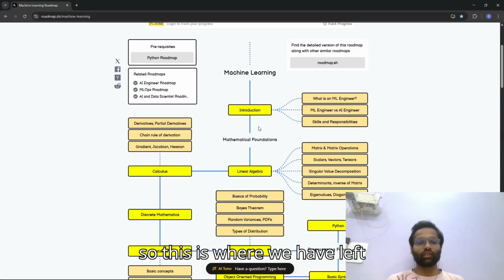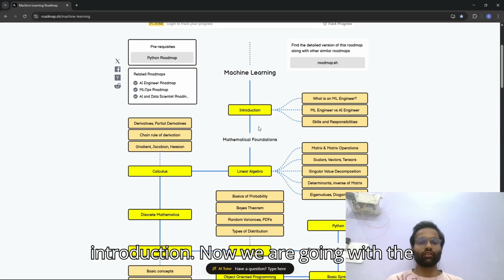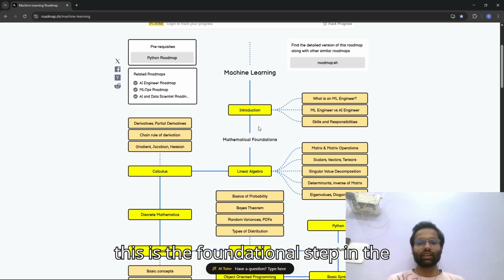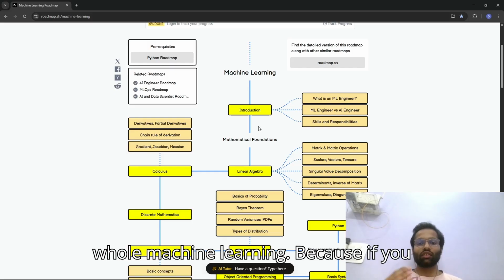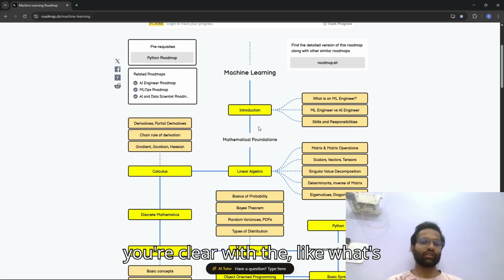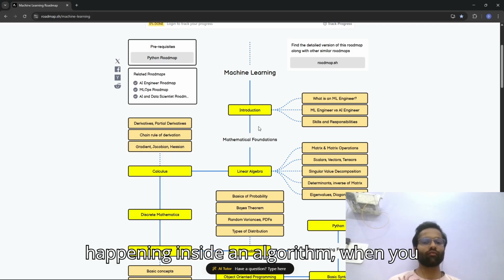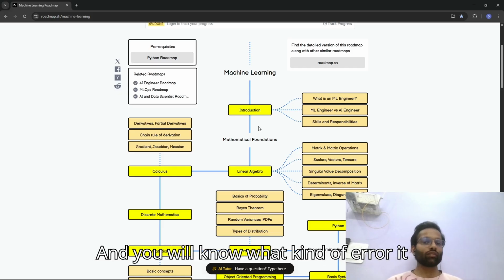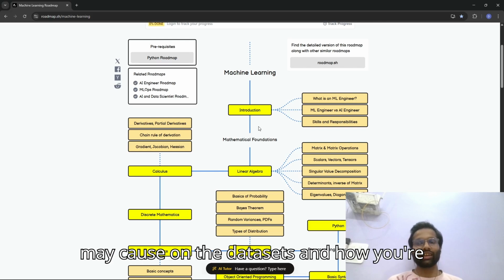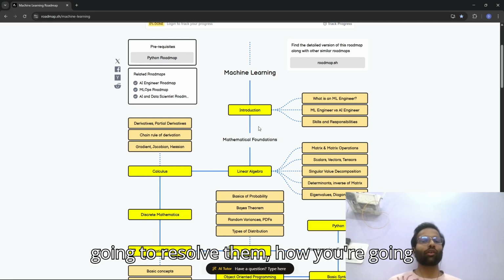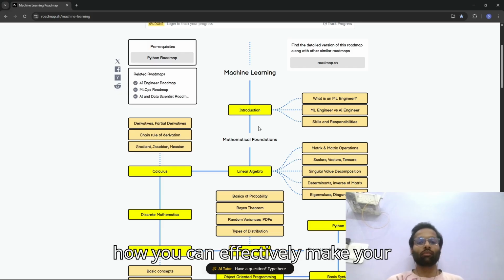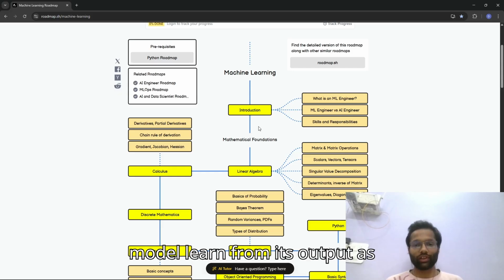This is where we left off our first session on the introduction. Now we are going into the mathematical foundations, which is the foundational step in the whole machine learning course. If you are clear with the fundamentals and what's happening inside an algorithm when you choose to train a model, you will choose an algorithm more effectively, and you will know what kind of errors it may cause on the datasets, how you're going to resolve and fix those errors, and how you can effectively make your model learn from its output as well.